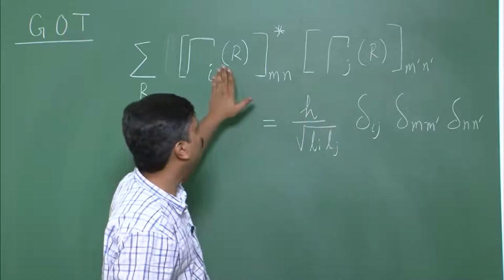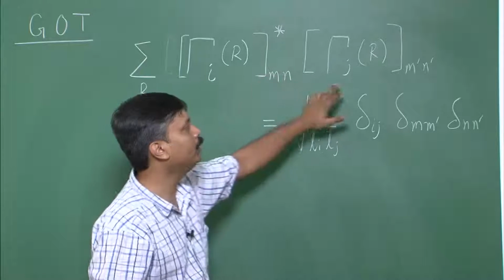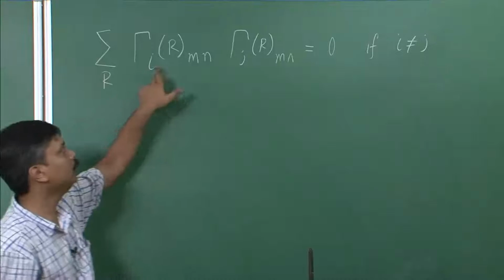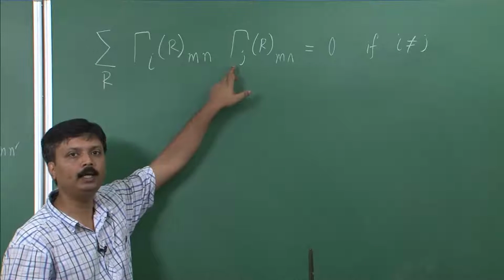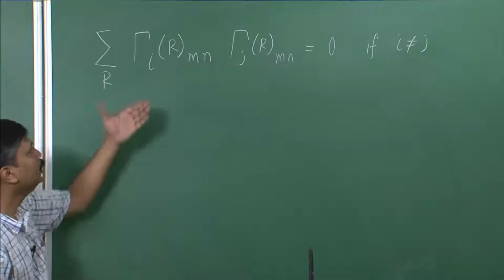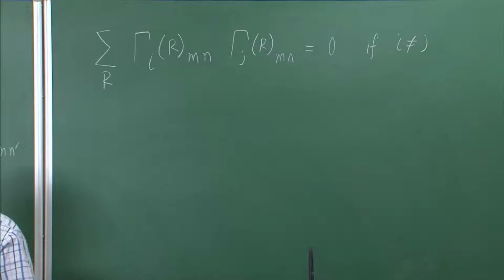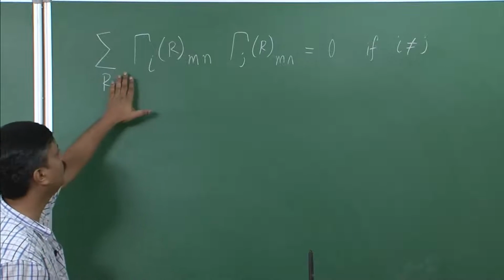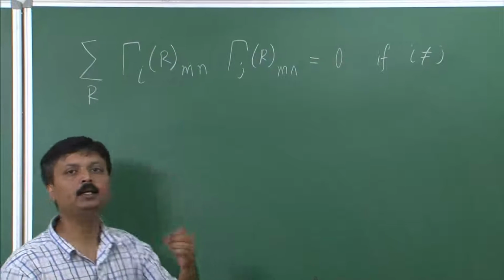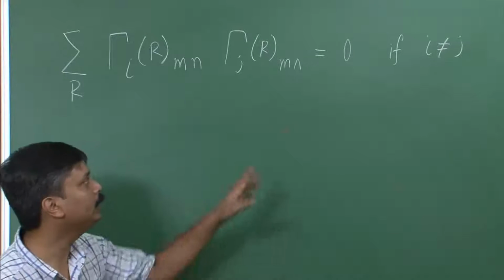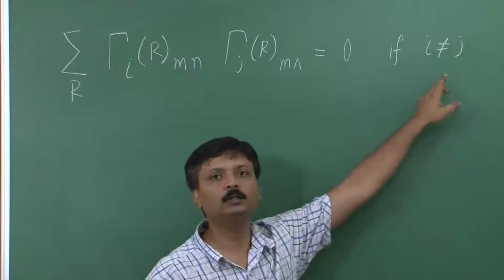Now we are choosing from two different irreducible representations corresponding to i and j, so the ith and jth irreducible representation. This product, summed over all the symmetry operations, will give me 0 unless i is equal to j.